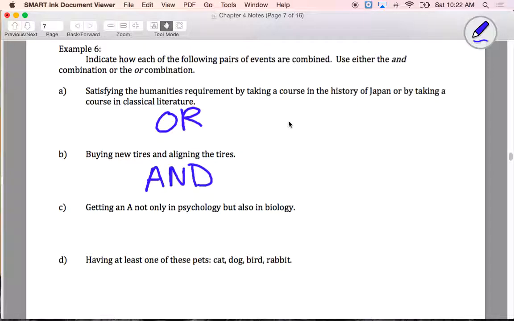For C, getting an A not only in psychology but also in biology. So you're saying an A in psych and bio. Then it says having at least one of these pets: cat, dog, bird, rabbit. So you're saying cat or dog or bird or rabbit.